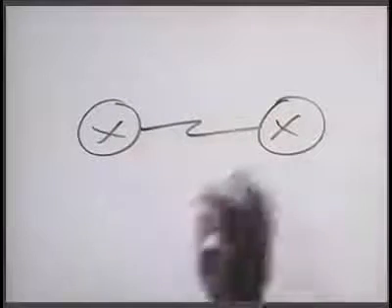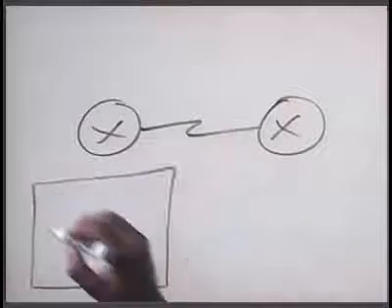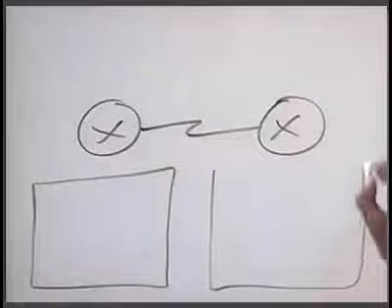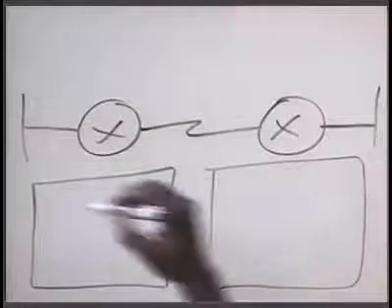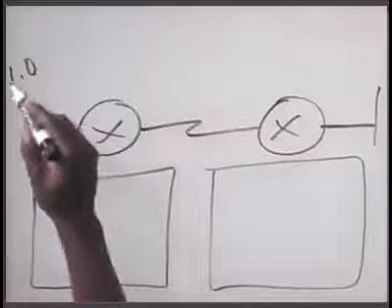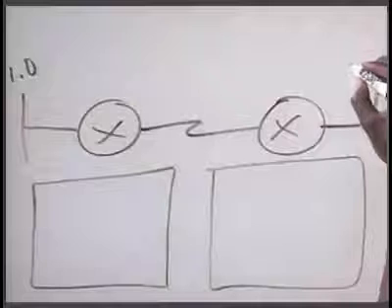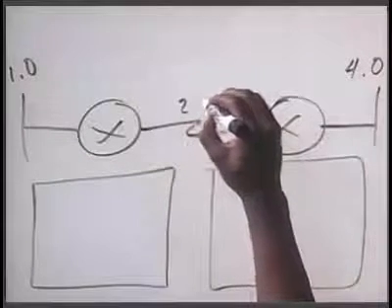Here we have a couple of routers, and here are their routing tables right here. Take a look at their routing tables. For simplification purposes, we'll call this network 1.0. We'll call this network 4.0. We'll call this network 2.0.